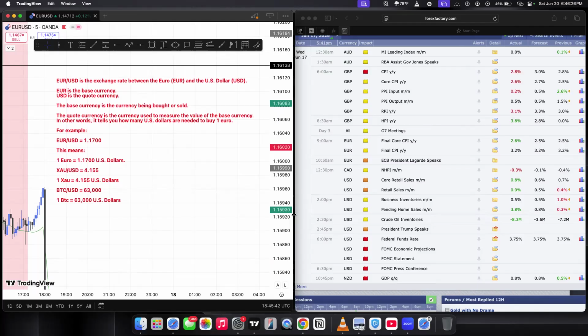Okay, we know high impact news to carry more volume than medium impact news, and medium impact news to carry more volume than low impact news. All right, so the news should be in confluence with your technicals.